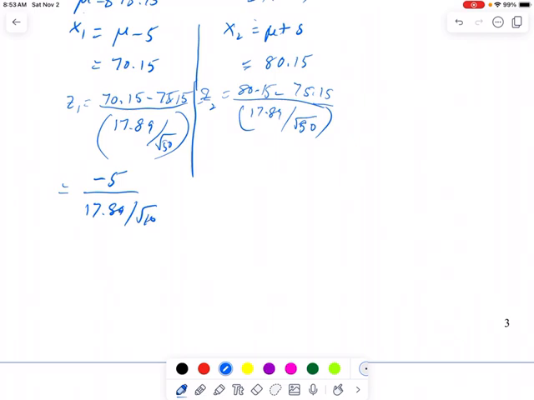And in the second one, you will get a 5 on the top. Plugging it in the calculator gives me, so the first z value is going to be negative 1.98.